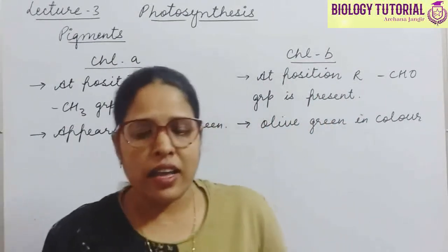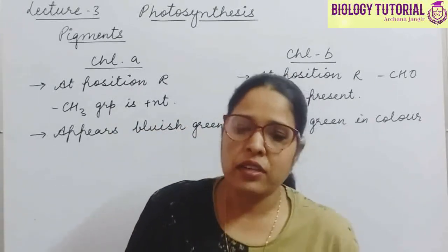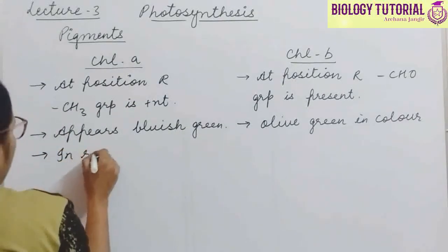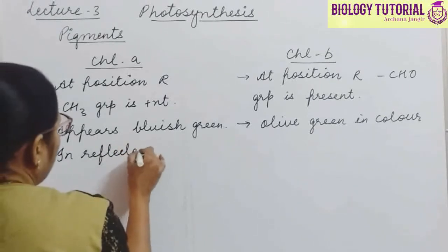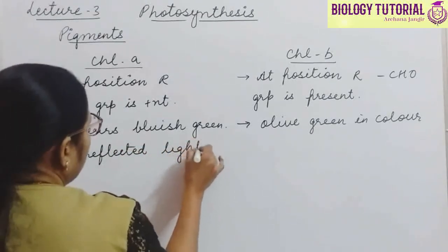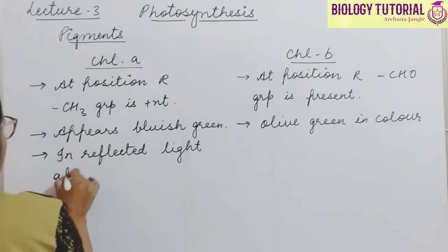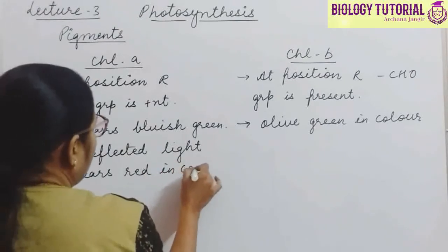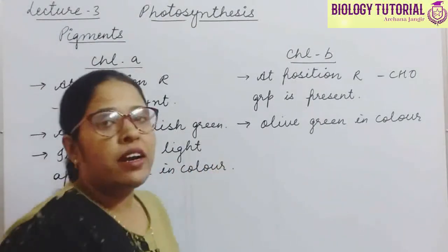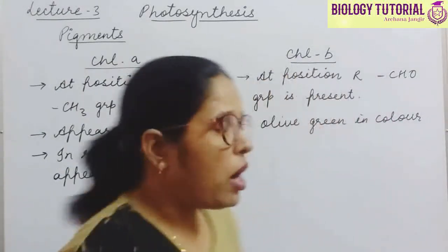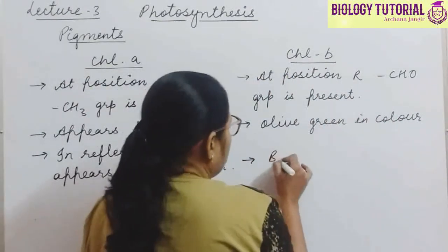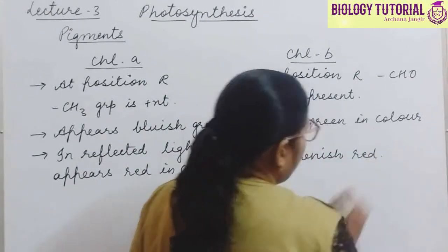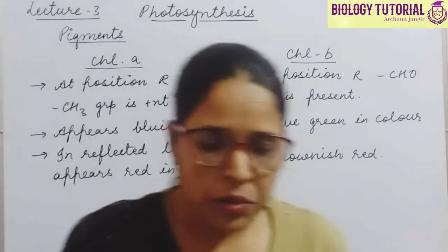So in reflected light, chlorophyll A appears red in color, while in reflected light, chlorophyll B appears brownish red in color.